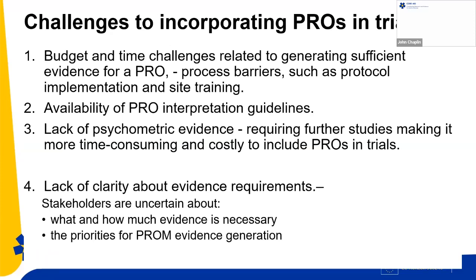There is a lack of psychometric evidence for some of those studies. Some of them have a remarkable amount of evidence, but others have very little. From the stakeholders' point of view, there often seems to be a lack of clarity on the evidence that's required, what and how much evidence is necessary, and priorities for PROM evidence generation, which needs to be looked at if we're going to use PROMs in the future in this area.